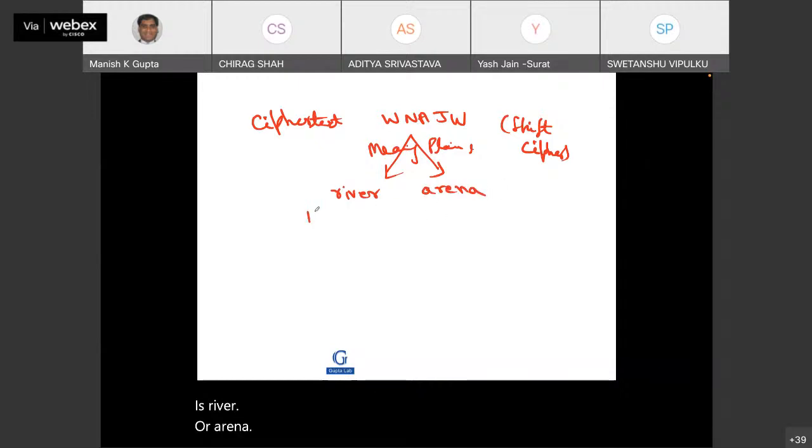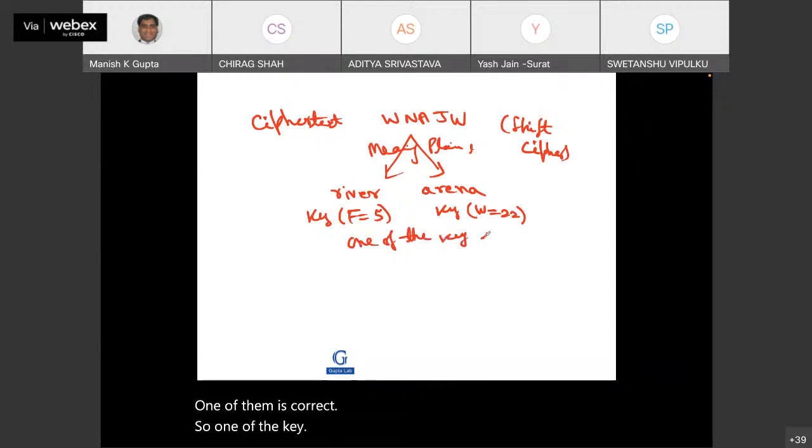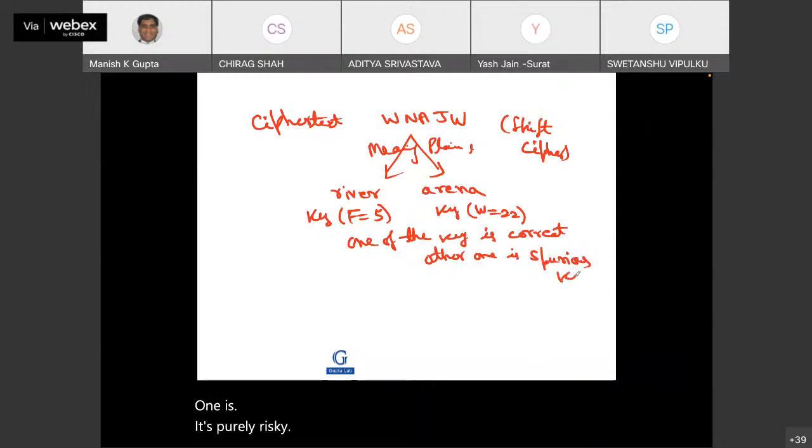For this, key is F, which is equal to 5. And for this, key is W, which is equal to 22. One of them is correct, because that will give you the correct answer. The other one is a spurious key. So one of them is correct, the other one is a spurious key. That's what is known as a spurious key.